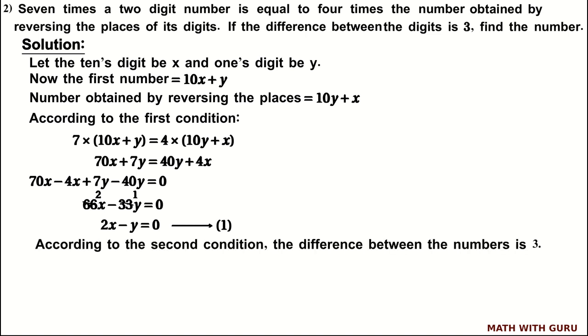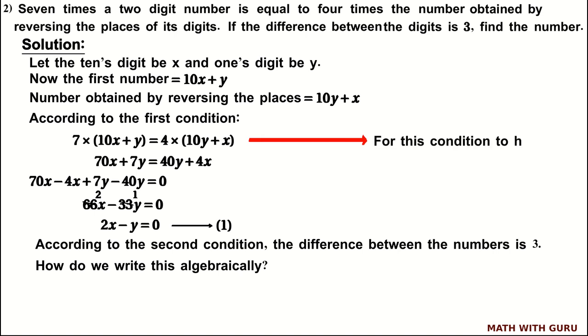Now, according to the second condition, the difference between the digits is 3. How do we write this algebraically? Look at this. Here, 7 times a number equals 4 times another number. Therefore, the number we multiply with 4 must be greater than the number we multiply with 7.